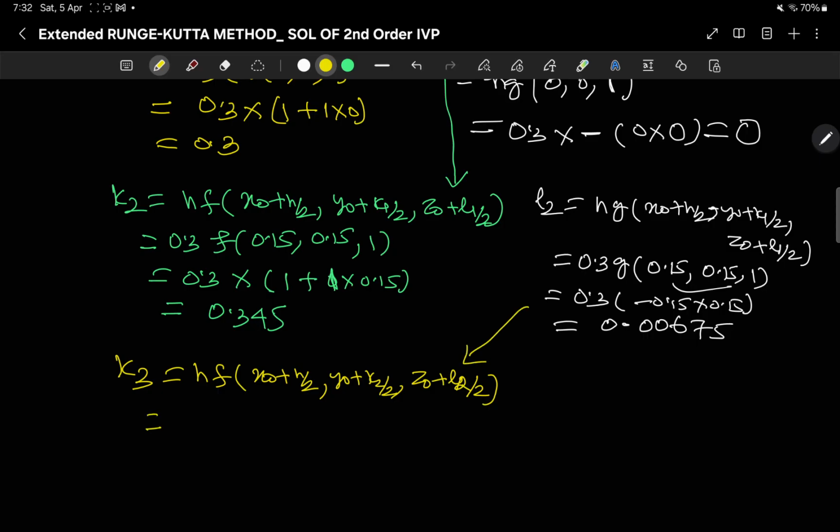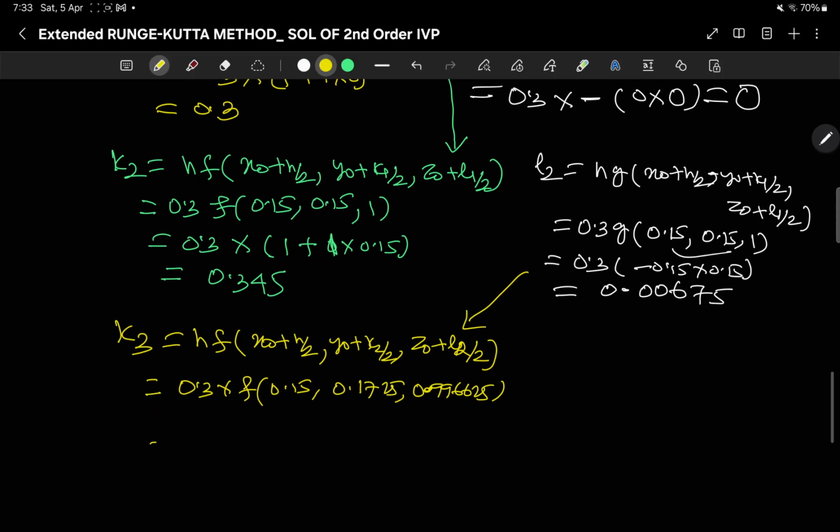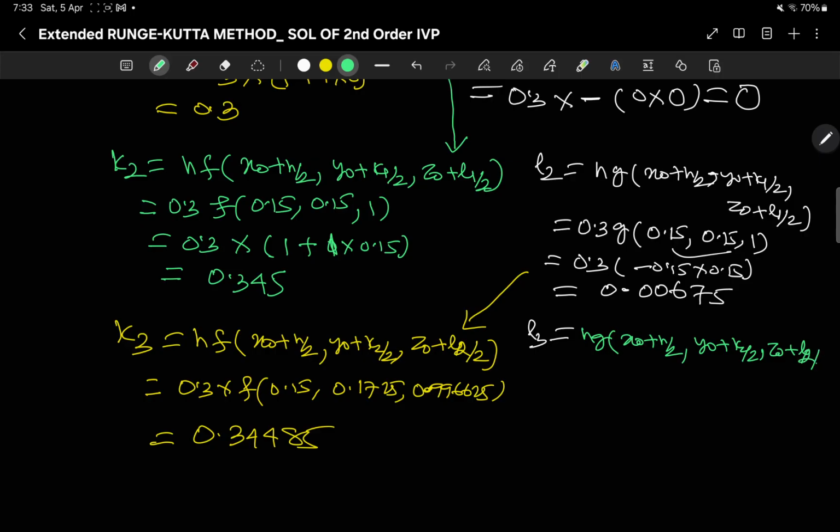So this is equal to 0.3 into f of 0.15, 0.1725, 0.996625. Okay, if we simplify it, it will be your 0.34485, and accordingly your L3 will be h g of x0 plus h by 2, y0 plus k2 by 2, and z0 plus l2 by 2.